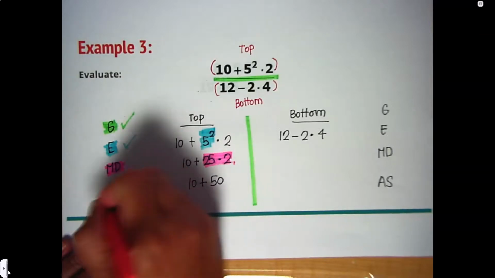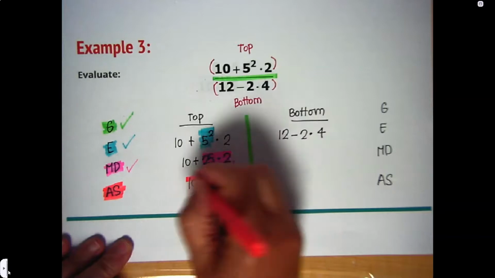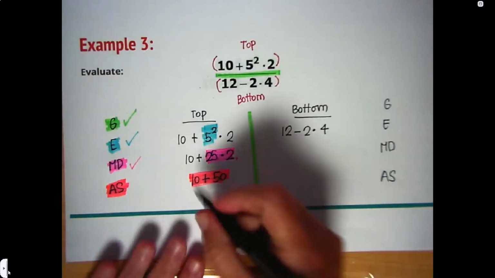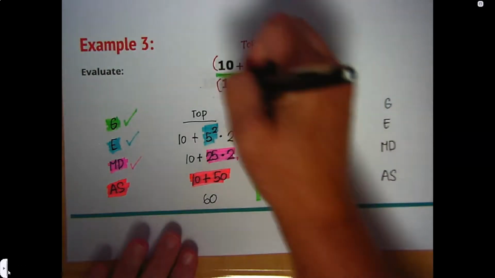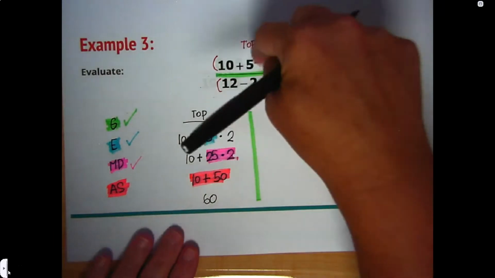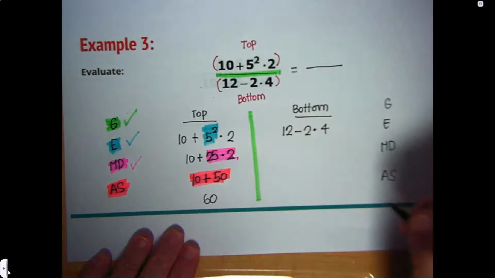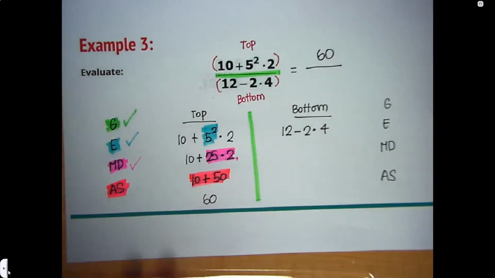Do I see adding or subtracting in my problem? And the answer is yes, I see an addition. So I'm going to do 10 plus 50. 10 plus 50 is 60. Now, that's not the answer to this question. That is just the answer for the top. So I'm going to go ahead and come over here and put my fraction bar back. And on top of that fraction bar, I'm going to put 60 because 60 is the value of just the top.